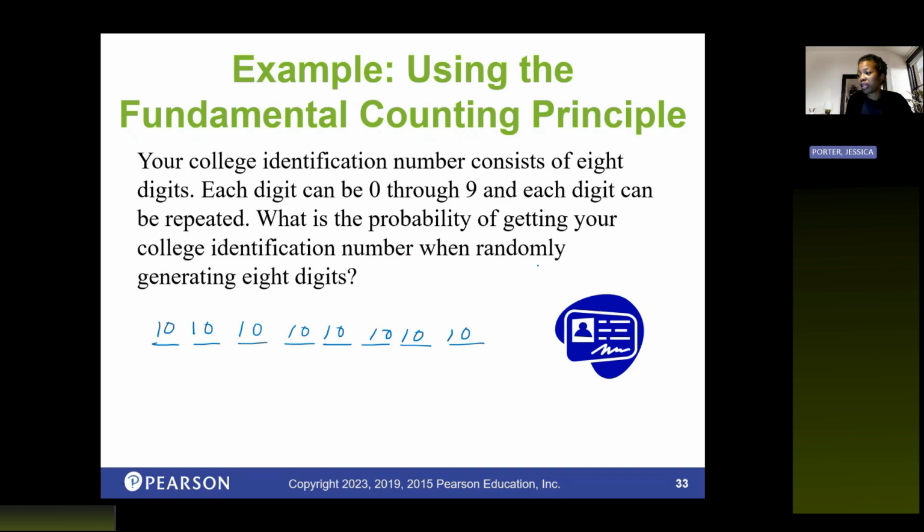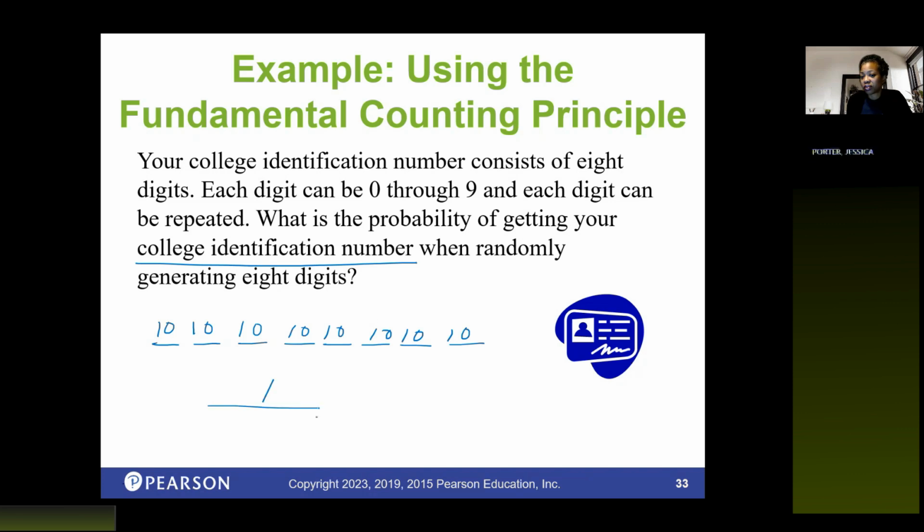And it says, what is the probability of getting your college identification number? Now, how many of those events are there? How many ways can you get your college identification number? Okay, Christopher. Just one.